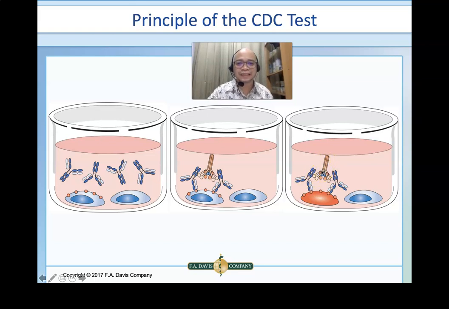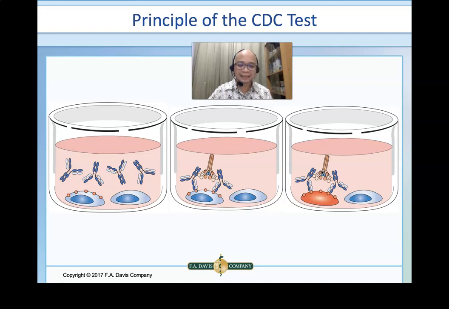So how would you know if the cells are killed? You have to utilize a dye. You will be adding dye in the well, and that dye is eosin red, or sometimes they use trypan blue. We use this to distinguish live cells from dead cells that we can view microscopically.